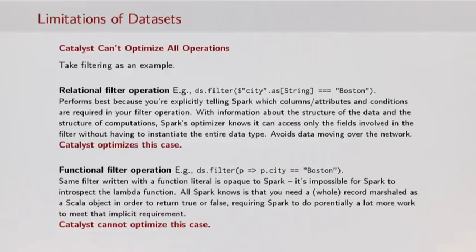So you need to create an object and then apply this function to this thing, and you don't know what's inside either of these two things, which requires Spark to do potentially more work than it has to in order to do the baseline minimum that it should have to do. Because Spark just can't see into lambda functions. It has no idea what they're doing. So Catalyst can't do very much for operations that involve passing around these function literals.